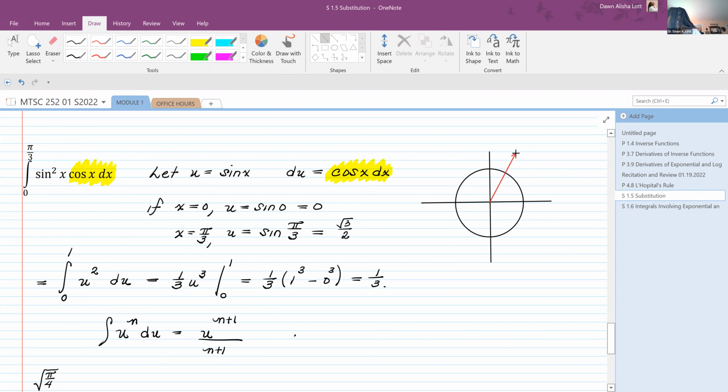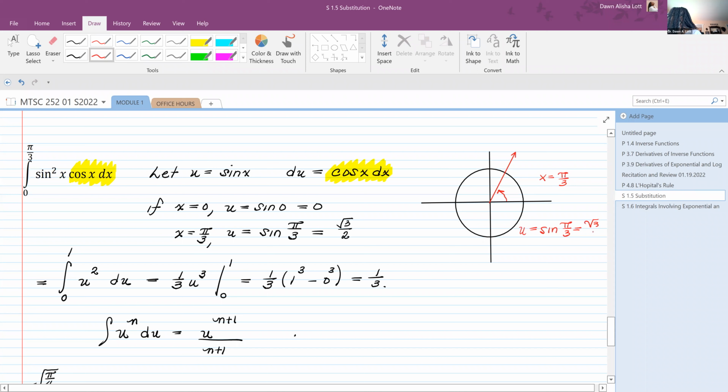So there's pi over 3. x equals pi over 3. And u is the sine of pi over 3. So that's the square root of 3 over 2.